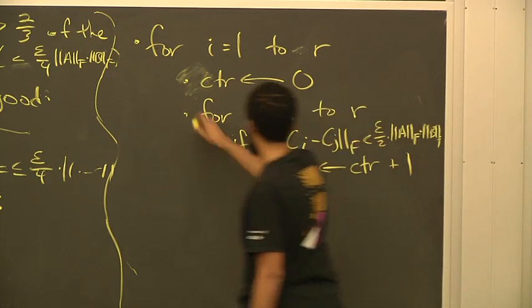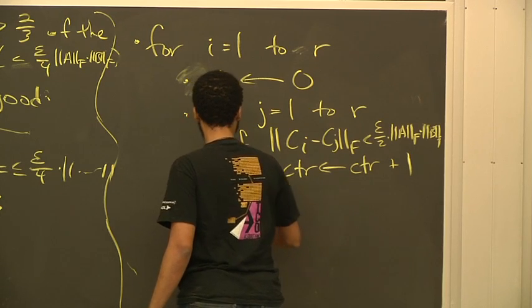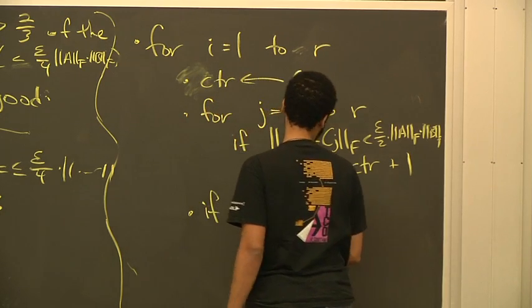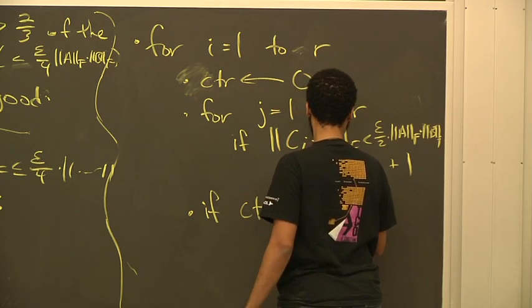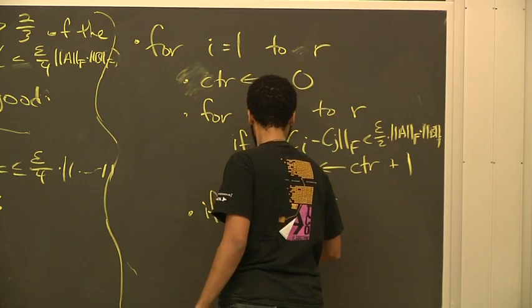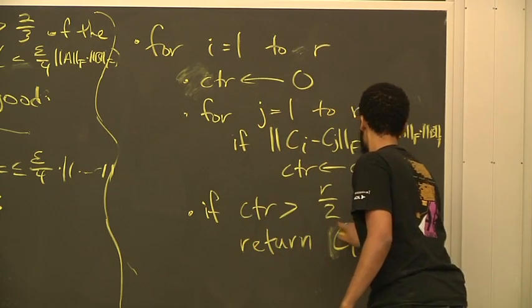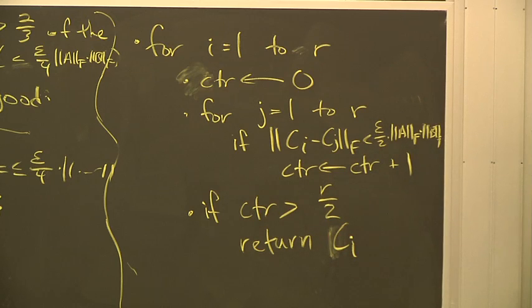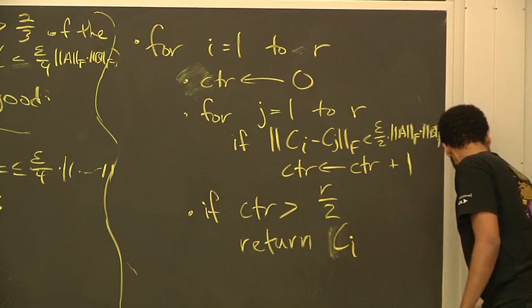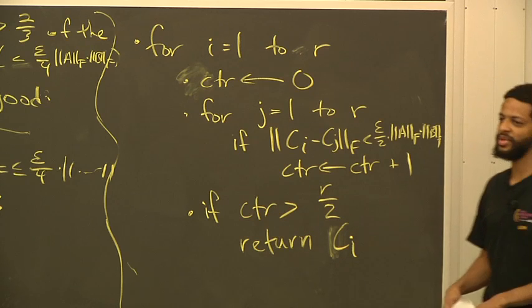Okay, and then what I'll say is, if the counter is at least R over 2, then I'll return i. Okay, so that's what we're actually going to do. And now I don't need to ever actually compute A transpose B.